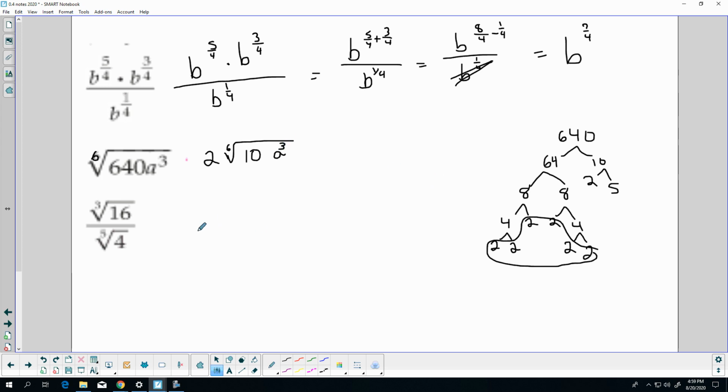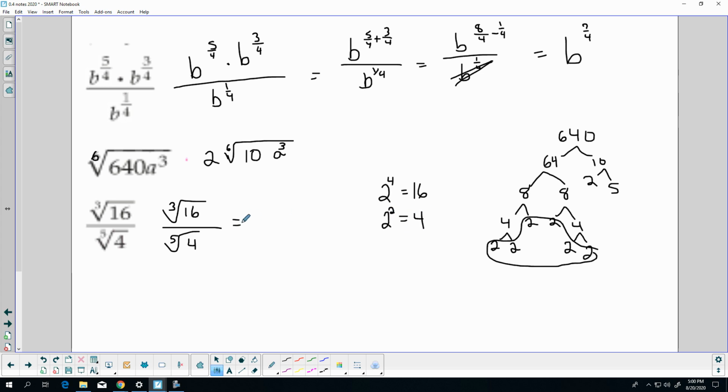All right, on this last one, it looks complicated. It's not. There's a couple little tricks, though. Got the 5th root of 4. You have to recognize that you can write those with the same base. 16 is the same as 2 to the 4th. 4 can be written as 2 squared.